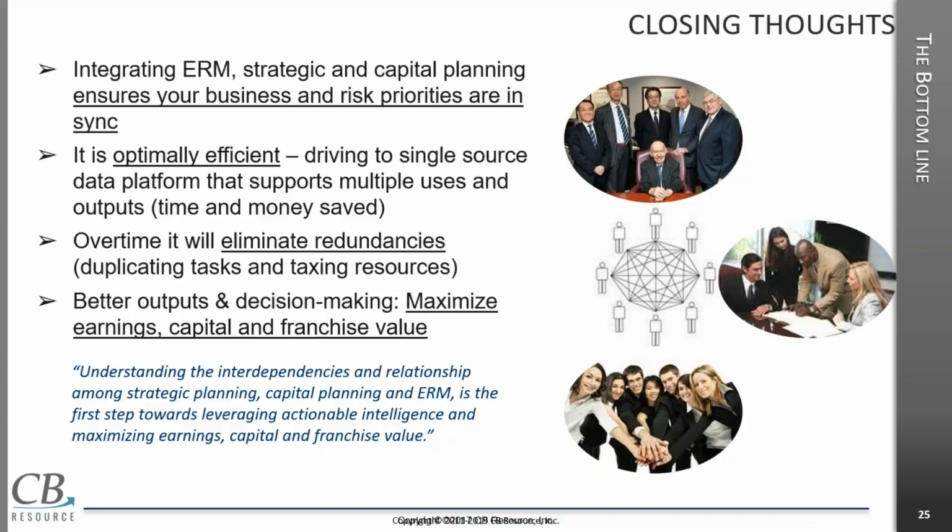And both will serve what we think all banks are driving for, and that's optimal performance, right? So achieving the highest level of performance while taking the least amount of risk seems to be an ideal target for any community bank. So with that, I hope you found this information useful.